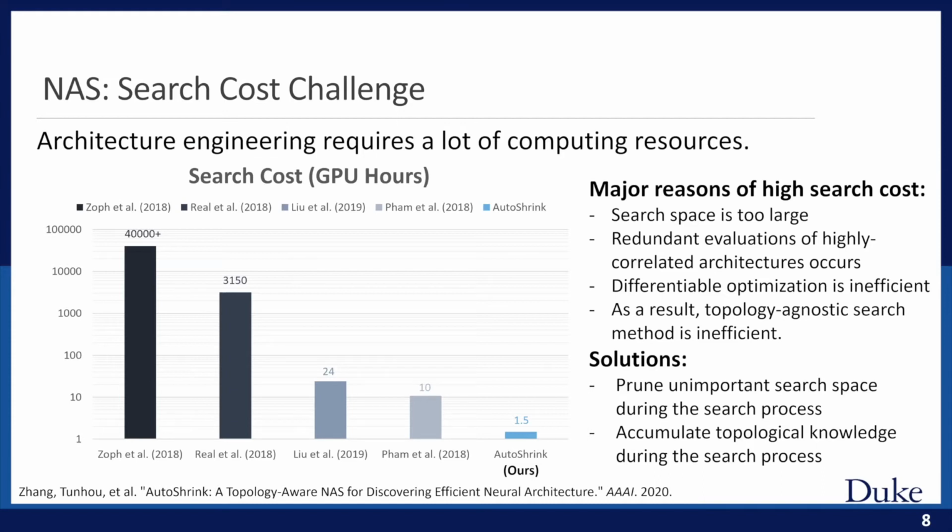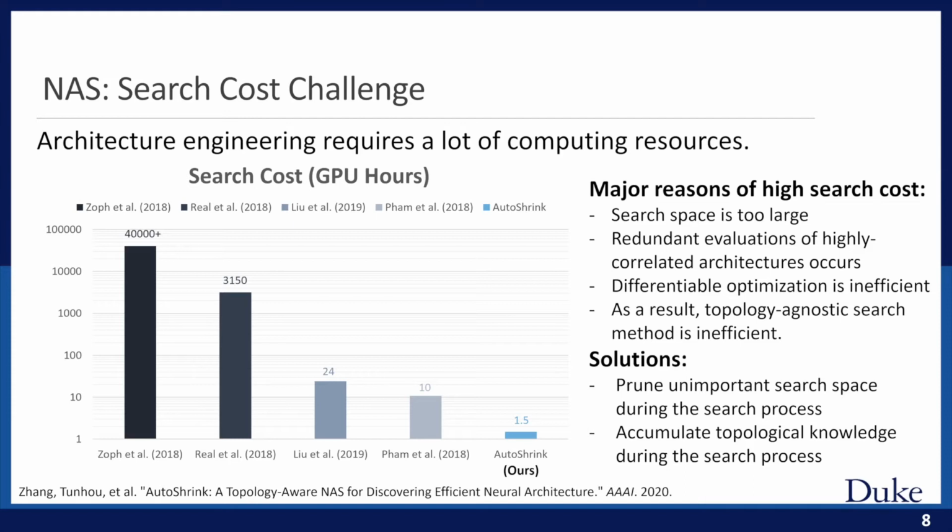Recently, node-based works have reduced the search cost from thousands of GPU hours to only 10 GPU hours. Our recent work, as Tsing mentioned, AutoShrink, further reduced this to a few GPU hours. In this approach, we incorporate topological information during the search process.